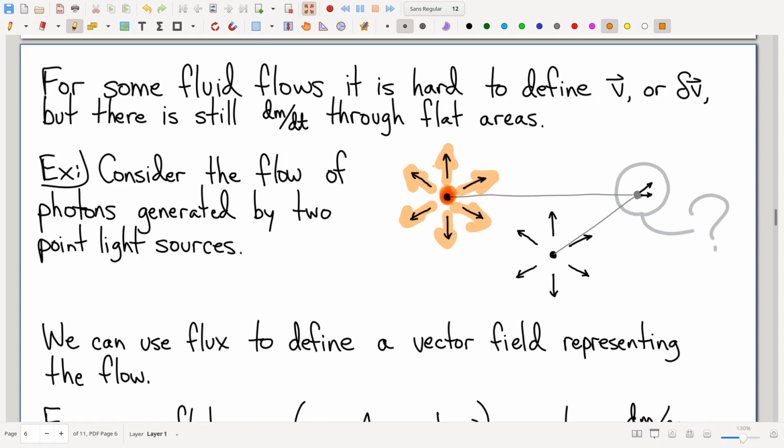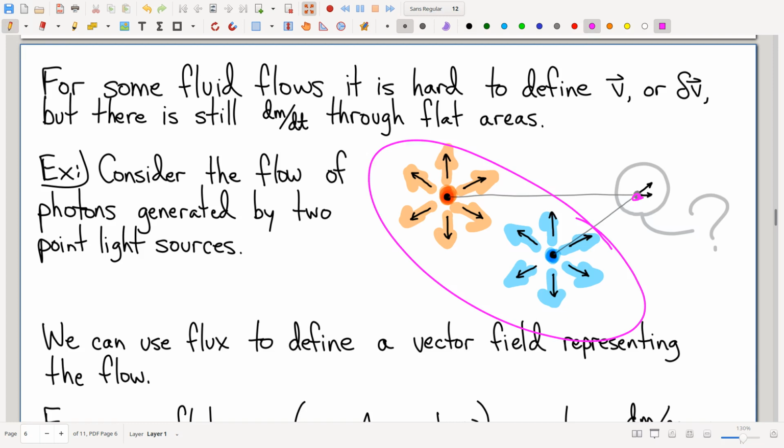Now what if you have a second light bulb, and that one's spitting out photons too? Now I have two fluids mixing together, and the question is, how would I represent this total fluid at that point? Can I talk about the velocity of the fluid at this point?